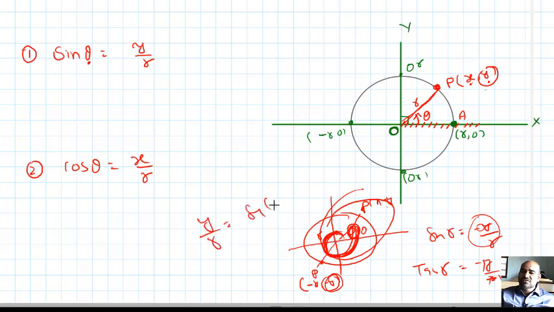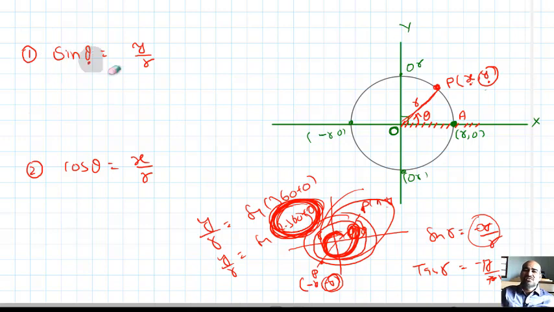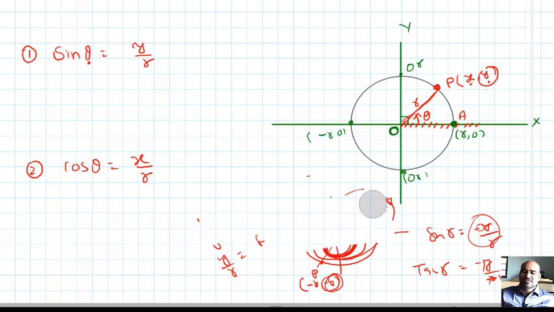It is nothing but sin of 2 times 360 plus theta. This means the angle is any real number. Anything you can take. Sin of 1 crore also you can define. Understood? So theta is any real number.